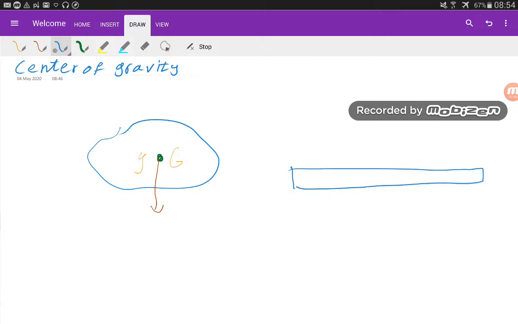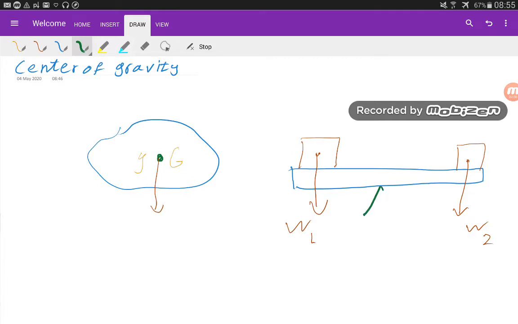So if we have a lever with one object on one side and another object on the other side, let's assume our lever is weightless and we just have weights W1 and W2. These are the weights of our two objects, and we are going to find the center of gravity of our lever.